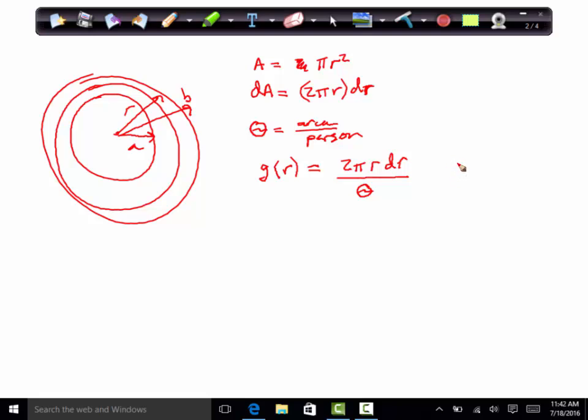It's, let's say, meters squared divided by meters squared per person. These are going to cancel, and we're going to get people. If we integrate from A to B, we're going to get the number of people.